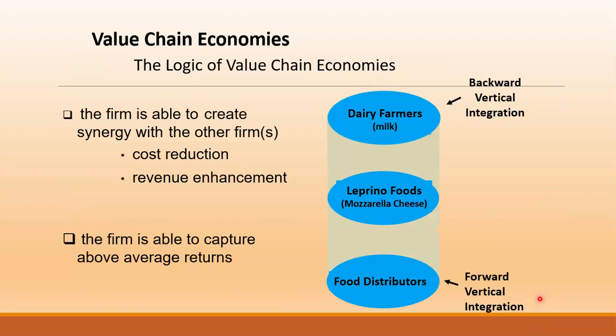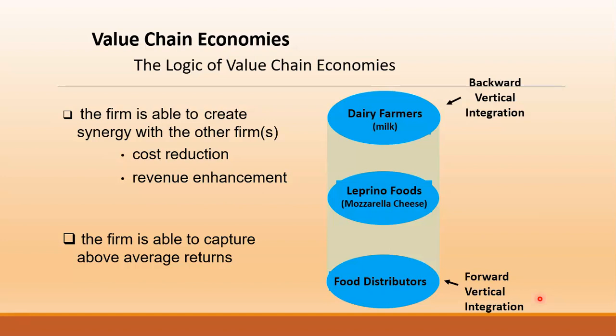So the decision as to whether or not a firm vertically integrates is about whether or not they can create value chain economies by either backward or forward vertical integration. To do so, the firm will have to be able to create synergies with other firms within their borders, through cost reduction and through revenue enhancement.